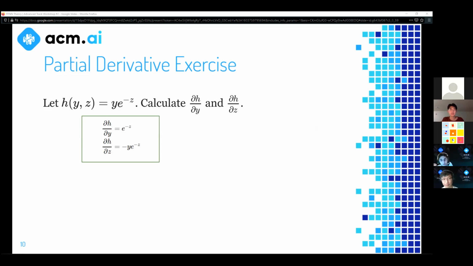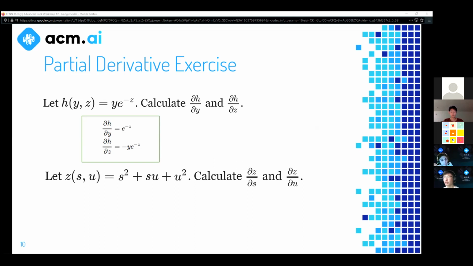And for the second one, now the y is a constant. So pretend you're differentiating 5 times e to the negative z. All you have to do is use the chain rule. You pull down that times negative 1, so that's where the negative sign comes from, and the constant y remains untouched. So you're left with negative y times e to the negative z.